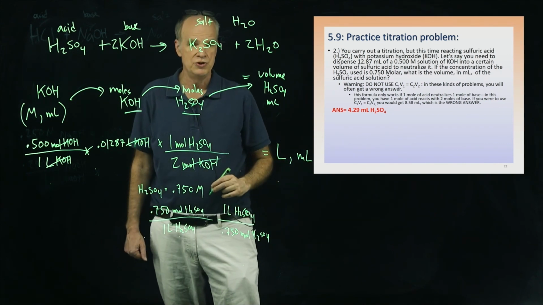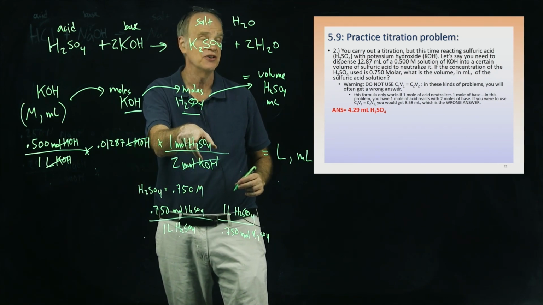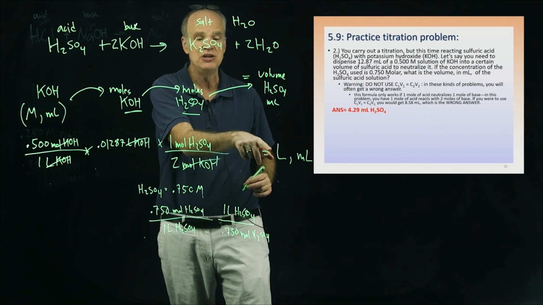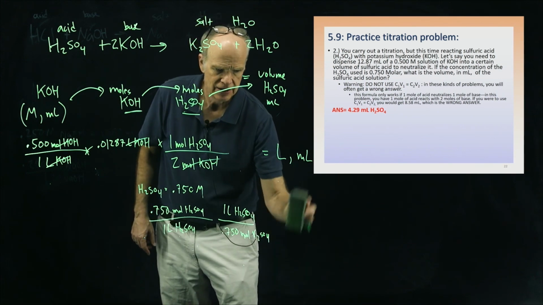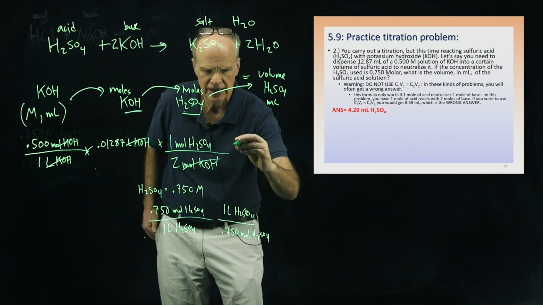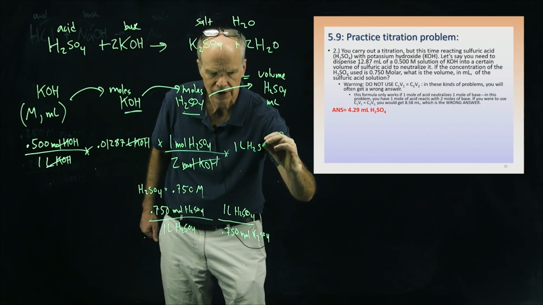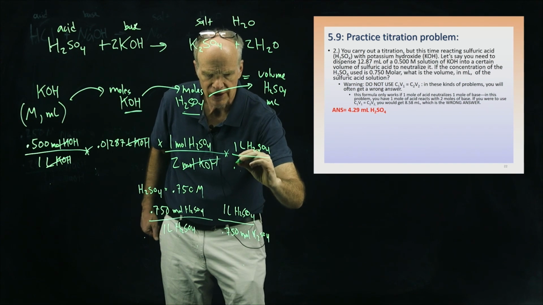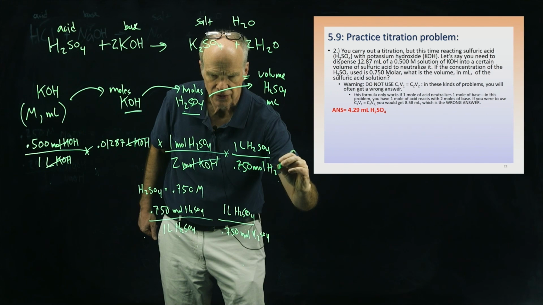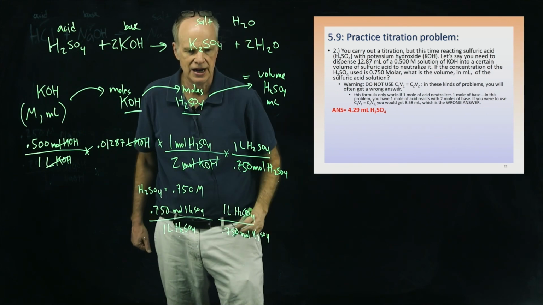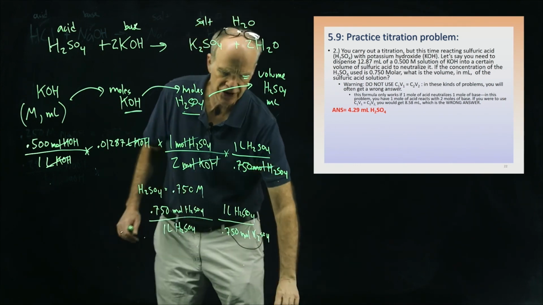And so you have to decide, can you use one of these fractions so that moles of H2SO4 cancels out, and then maybe you get an answer in liters H2SO4. So let me go ahead and write that fraction here. So it's going to be times 1 liter H2SO4 over 0.750 mole H2SO4. You can see the moles H2SO4 cancels out, so we have an answer in liters H2SO4.